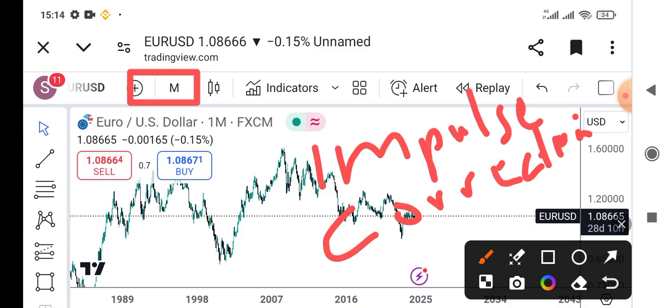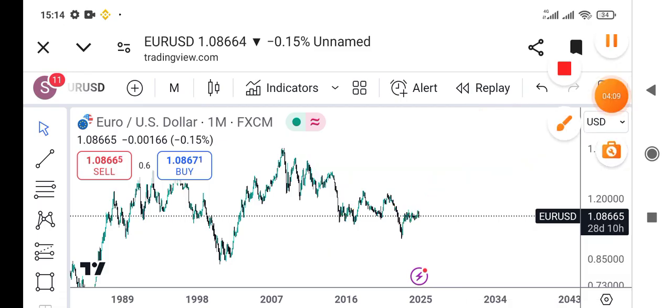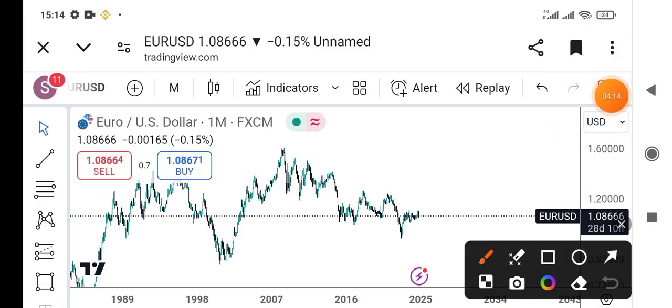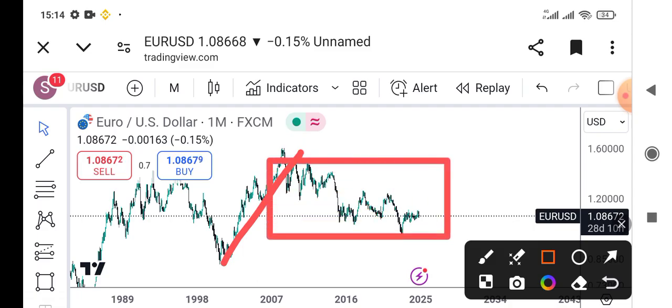So an impulse most of the time does not form a congruent structure, but correction helps us to identify the impulse. Like in this section, I want to show you where we have those two. So in this section, this one is called an impulse. But on this other section, this one is called correction.